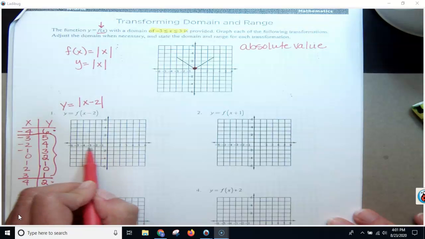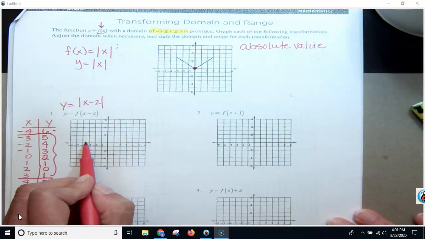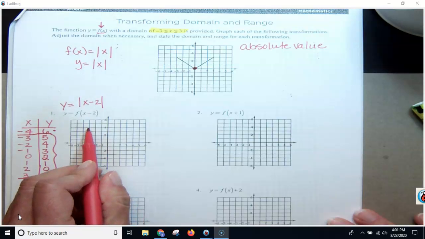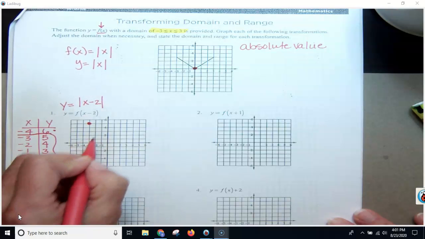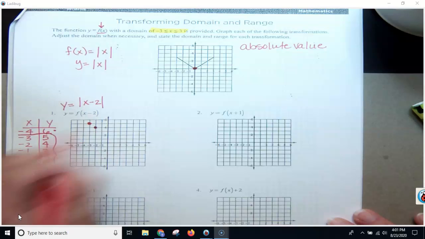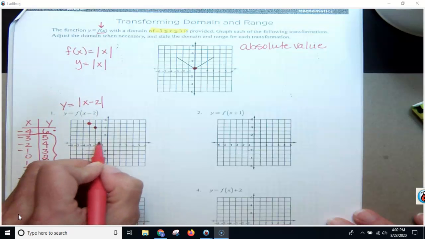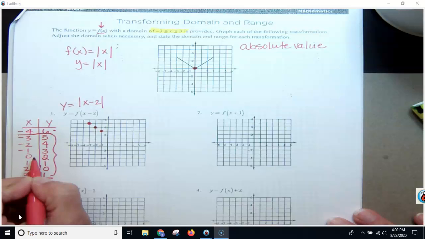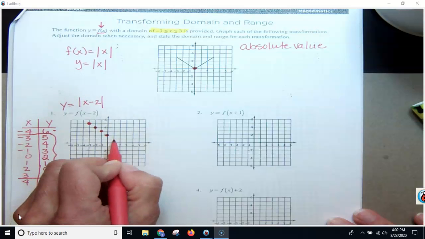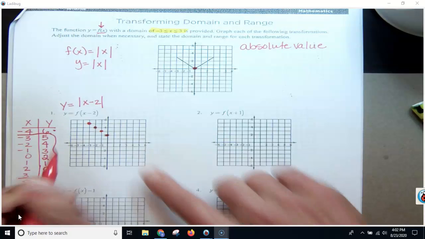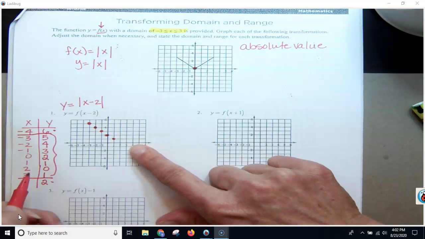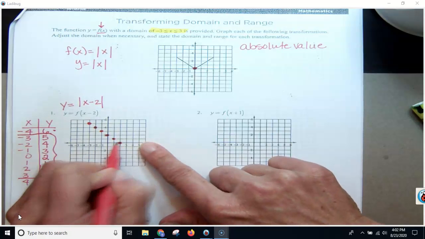So -3 to +5. 1, 2, 3, 4, 5. -2 to 4. -1 to 3. 0, 2. 1, 1, right? 1, 1. 2, 0.